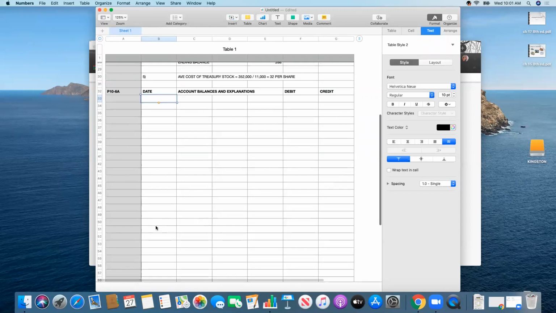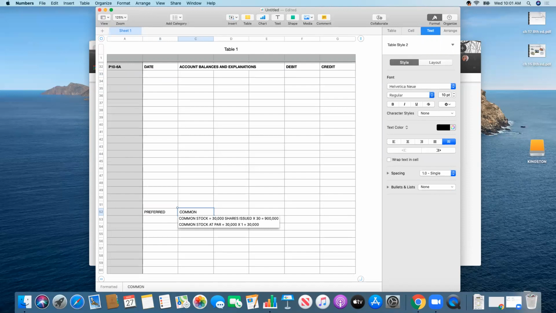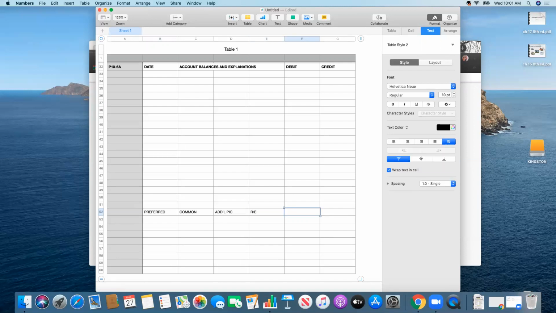I'm going to do it in column form. I'm not going to do it in T account form, right? So let's set up a column for preferred, common, additional paid in capital, right? Retained earnings and treasury stock. I'm almost sure that we're going to have those accounts, right?